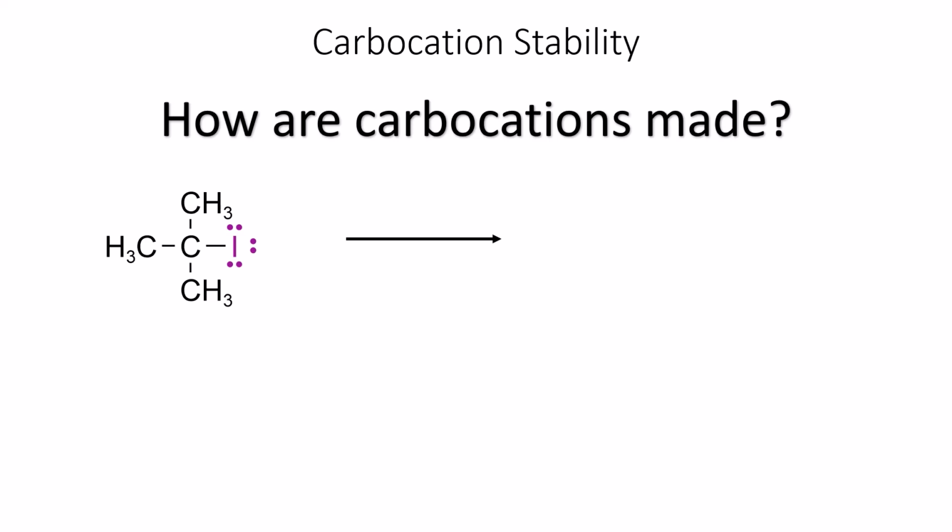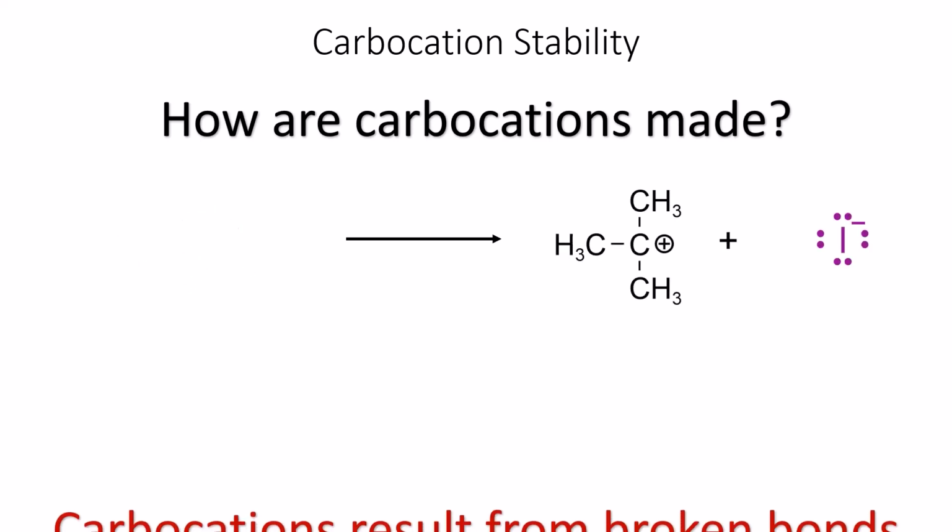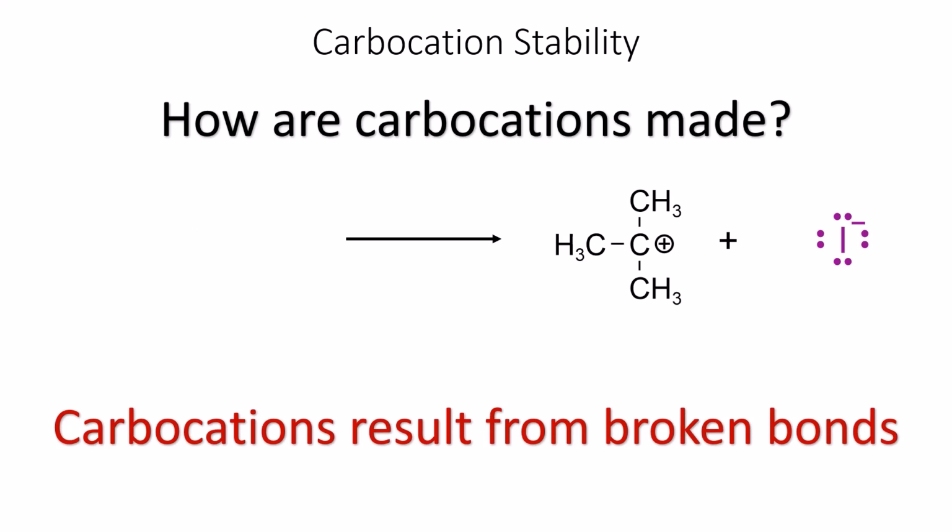If carbon has a full octet and you break one of its bonds, you're going to remove both electrons from carbon, and that's going to cause carbon to have a positive charge. So you can see right here, I'm breaking the bond between carbon and iodine, and in doing so, I generate a carbocation and an iodide anion. So carbocations result from broken bonds to carbon.